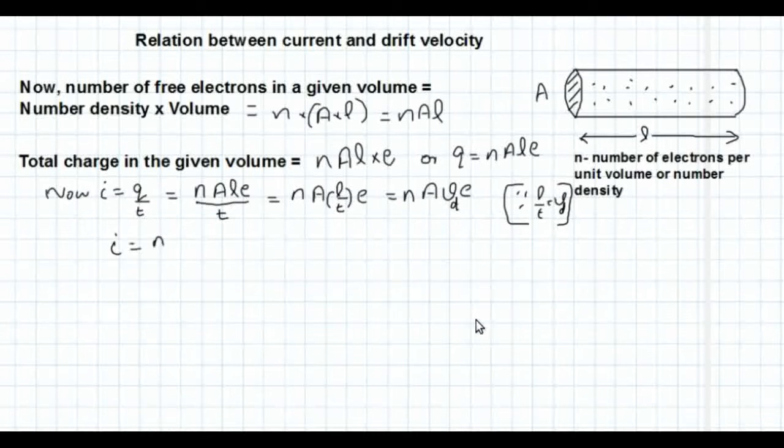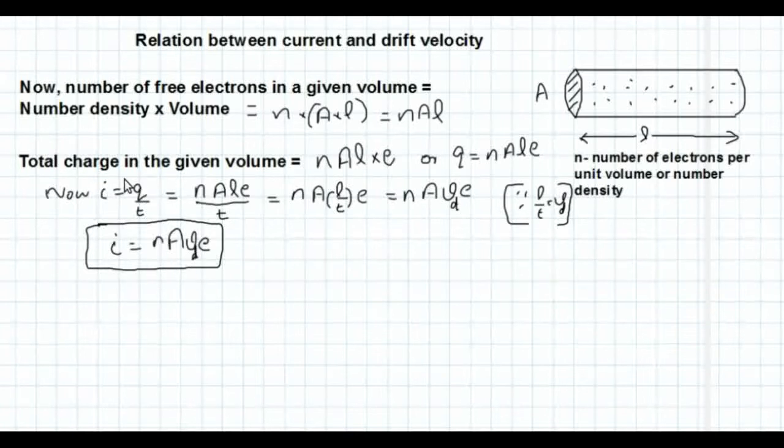Now again we can rewrite current I as I is equal to nAv into e. So this is the equation for the current. So this is the relation between current and drift velocity. Therefore I is equal to nAve is the equation for current in terms of drift velocity.